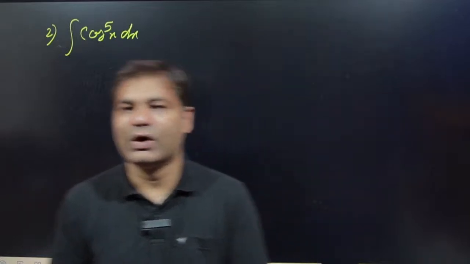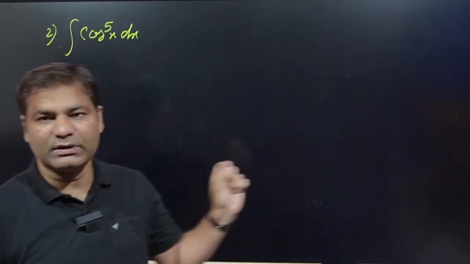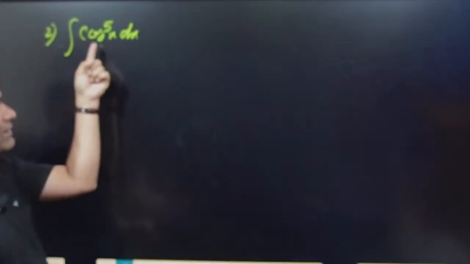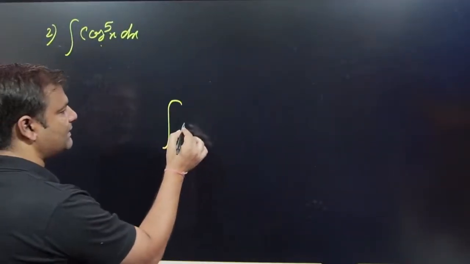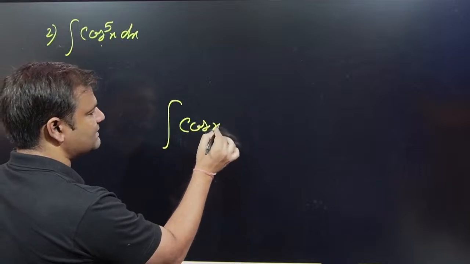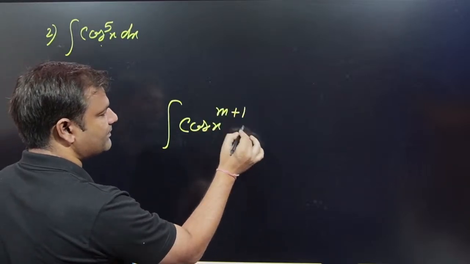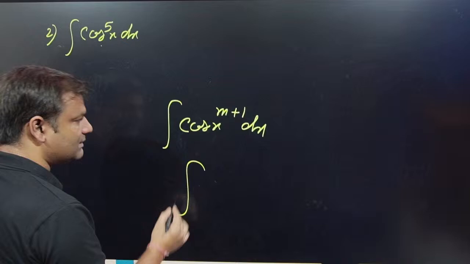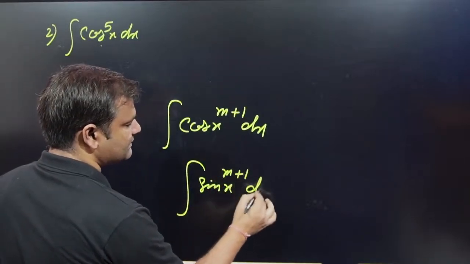Okay, so how can we solve? Simply look here, suppose that whatever cos x to whole power m plus 1 dx, or this one given sin x to power m plus 1 dx.